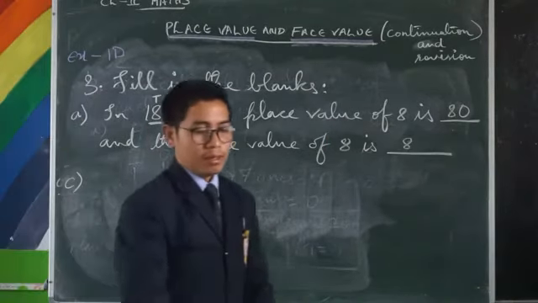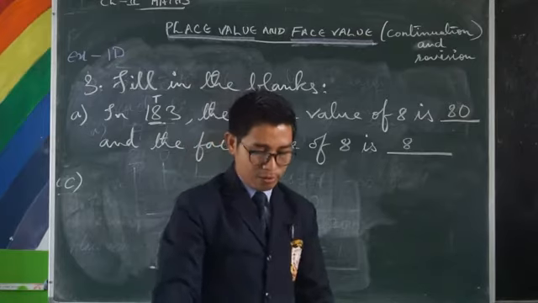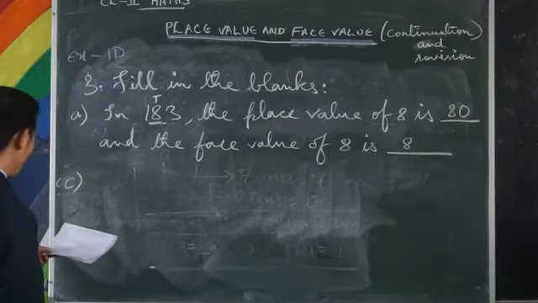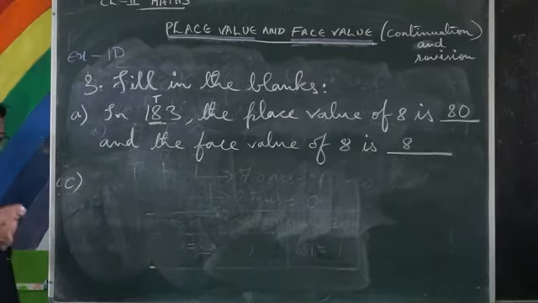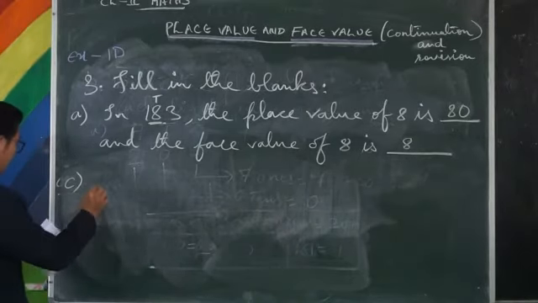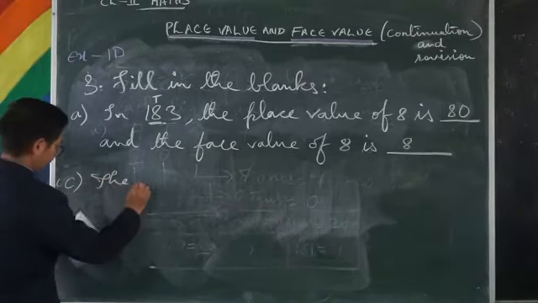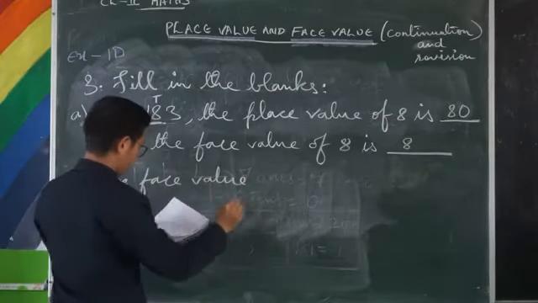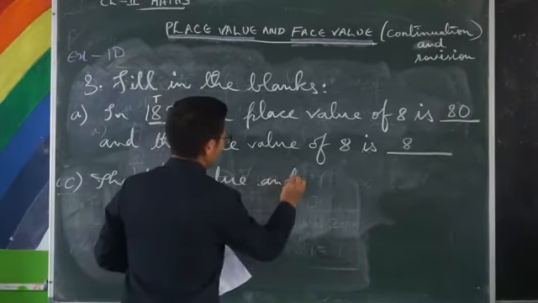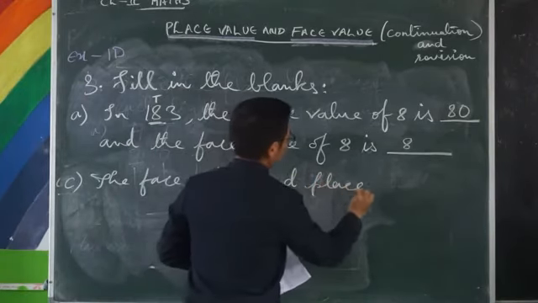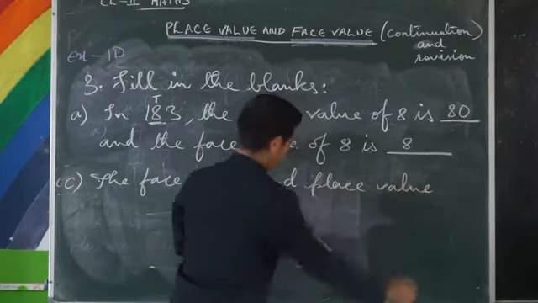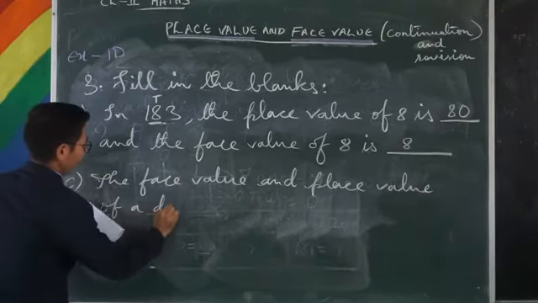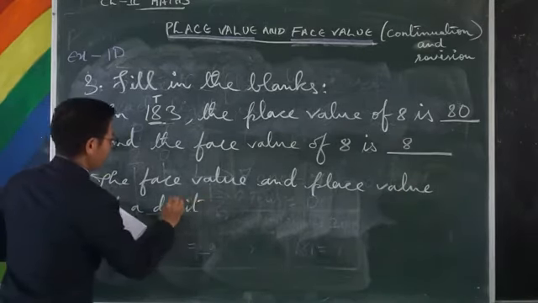Question C. The face value and the place value of a digit in a number is same at dash place. This is quite interesting for you all. Digit means a number.